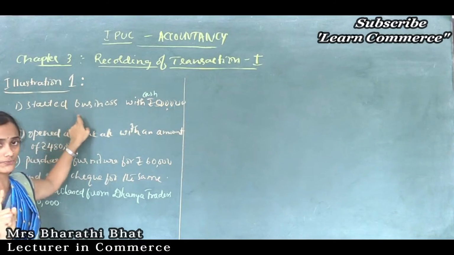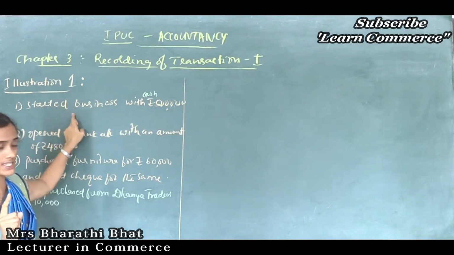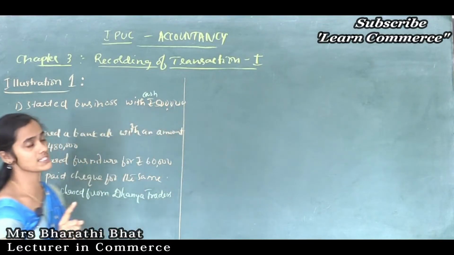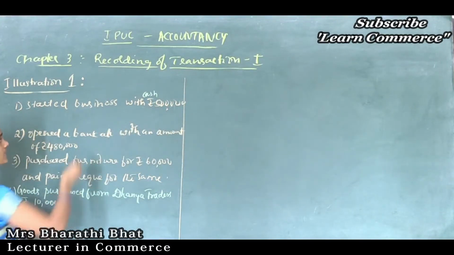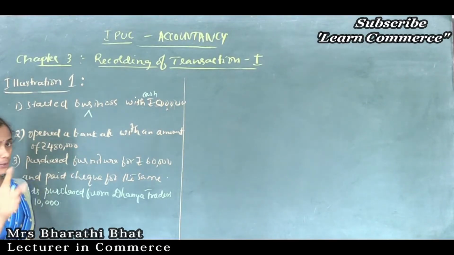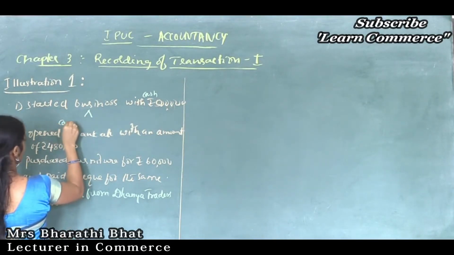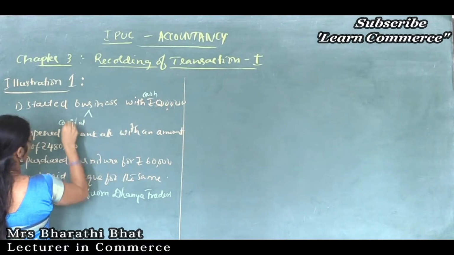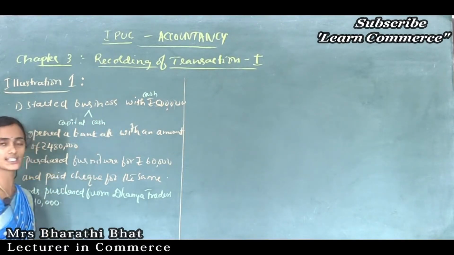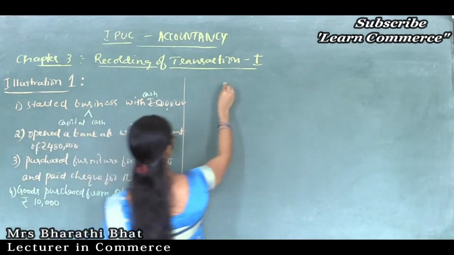Say, take the first example, the first transaction: started business with cash rupees 5 lakh. See here, two accounts are affected. One is capital, another one is cash, that is an asset. Let's apply the rule.